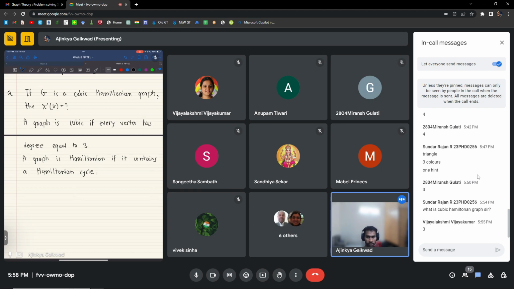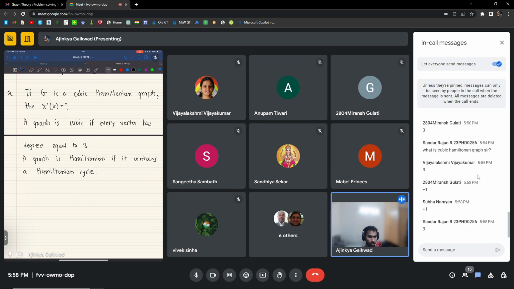Chi prime of G is either 3 or 4, because the maximum degree here is 3, because every vertex in my graph has degree 3. So the answer is 3 or 4. If you think the answer is 3, put +1. If you think the answer is 4, put -1. I still don't see many answers, so I'll give you one more minute and then we'll come back. Oh, okay, I see now.